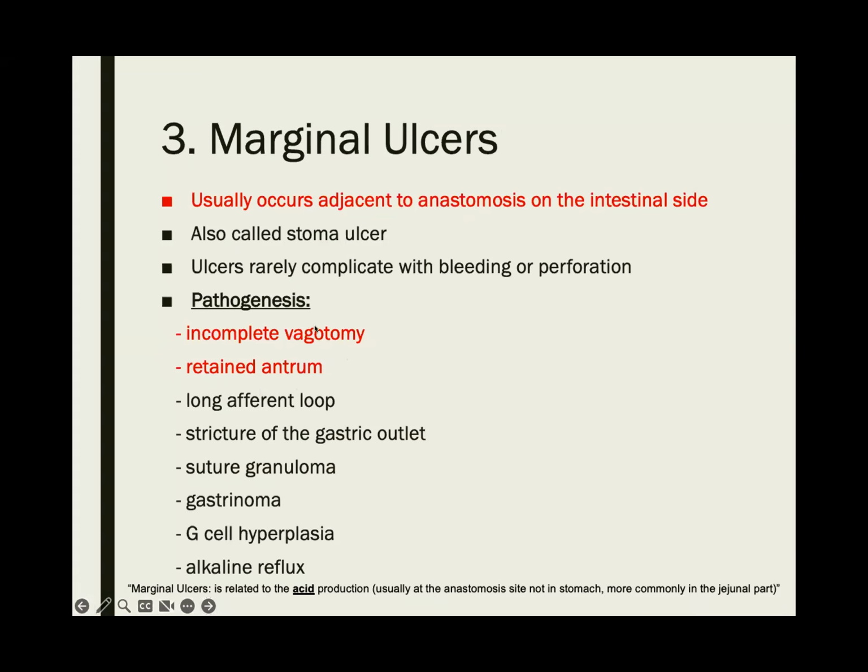But it can happen with any surgical procedure actually. It's all marginal ulcers, so even the areas of suturing would be at risk of these ulcers. Marginal ulcers are related to the acid production, usually at the anastomotic site, not in the stomach, more commonly in the jejunal part.